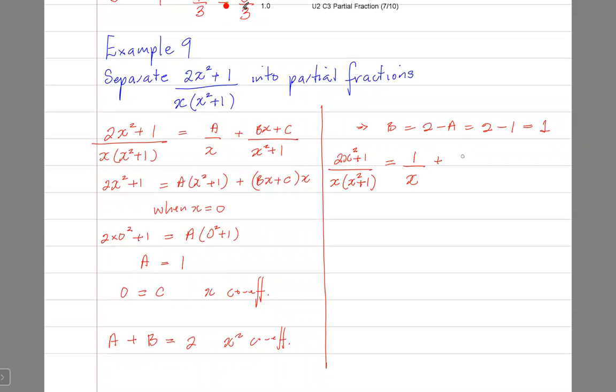So bx would be 1x. So if I want, I just put 1x plus c, which is 0, over x squared plus 1. So the final answer is 1 over x plus x over x squared plus 1.